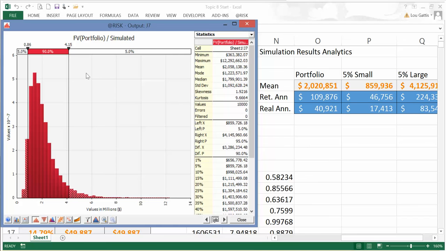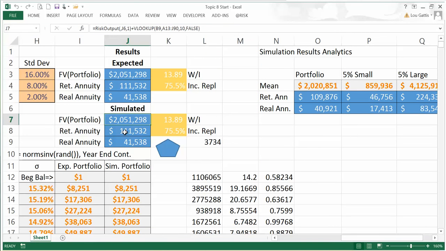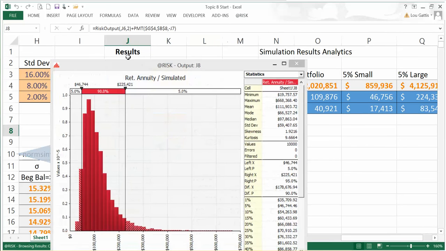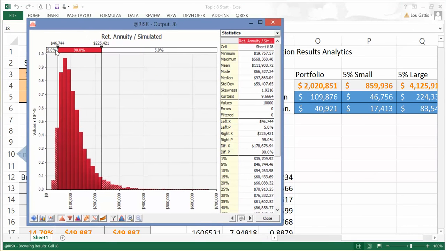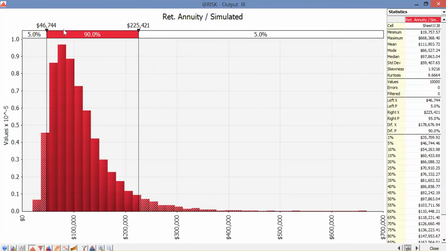If we want to see other statistics, we could click on, say, retirement annuity, @risk, browse results, and see the 5% lowest and 5% highest retirement annuity. That's nominal.